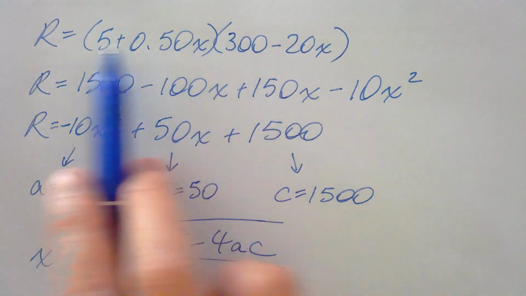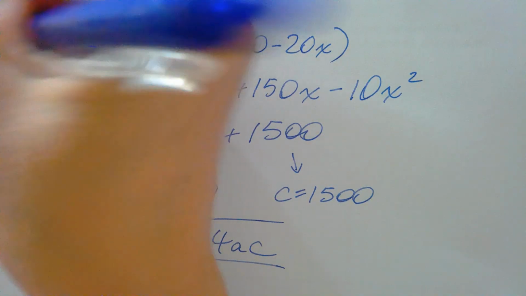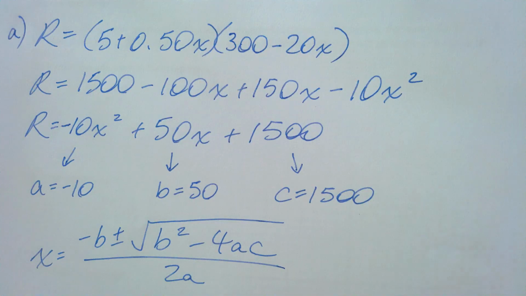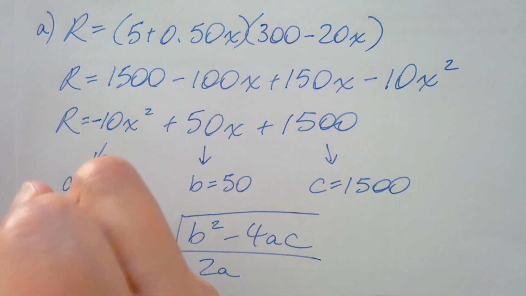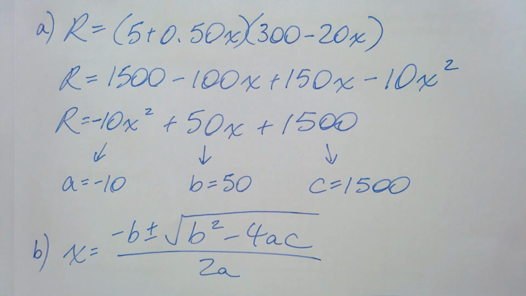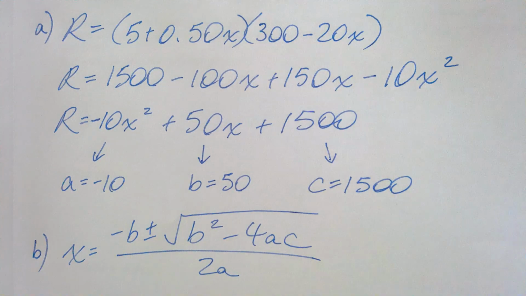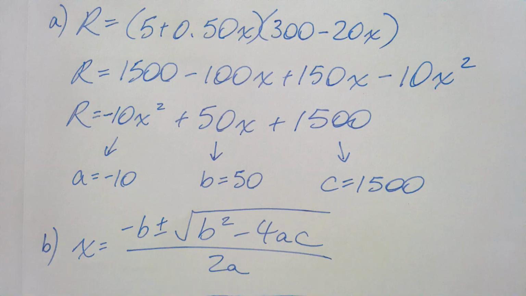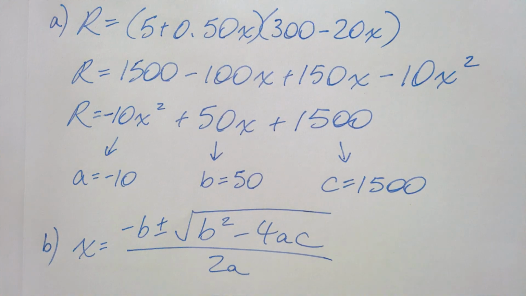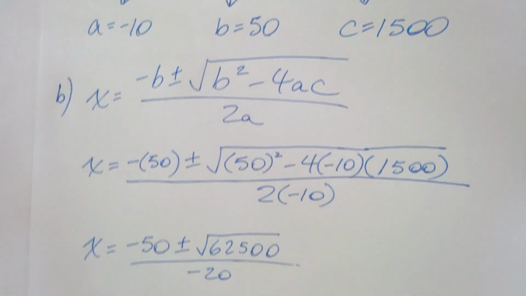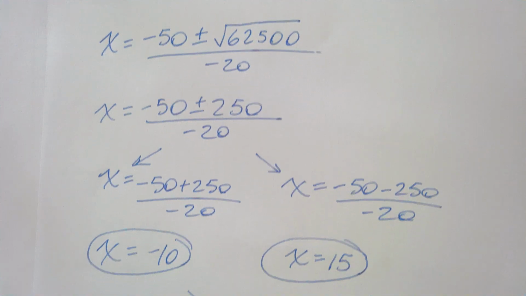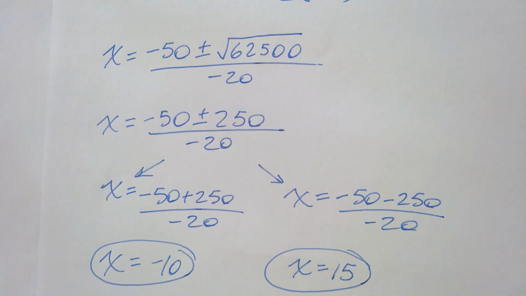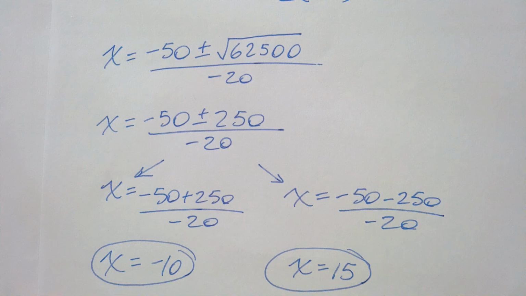So part A was just basically this. Part B tells you to find the zeros, so find the x-intercept. If I do the quadratic formula, which you need to memorize for the exam, you can sub those values in, and you will get x to be negative 10 and 15.